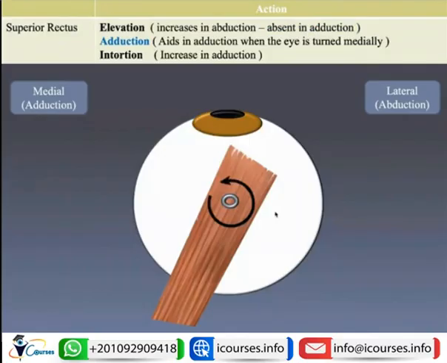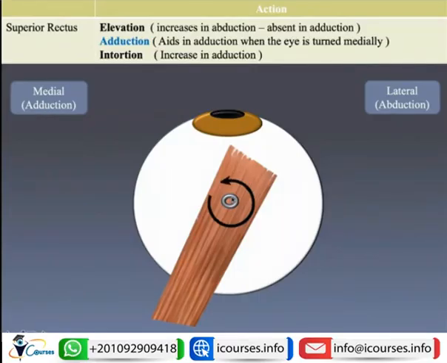Let's now look at adduction. The insertion of the muscle itself acts as an axis for the eye rotation, but this time it will be a vertical axis. So the eye will rotate medially and laterally according to the contraction of the muscle, as the muscle insertion itself acts as an axis or pivot for rotation.